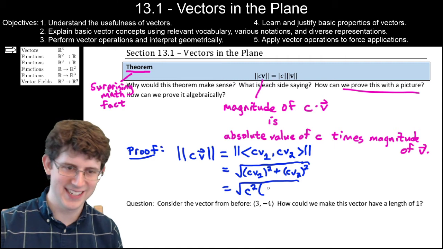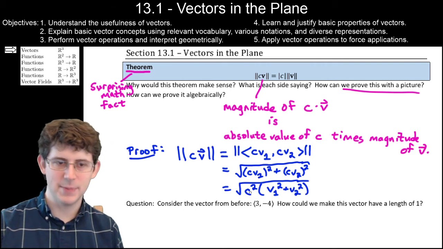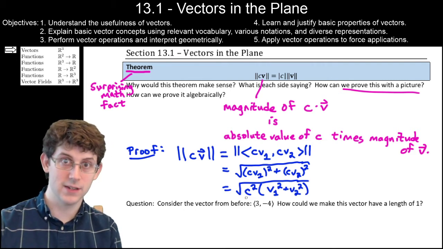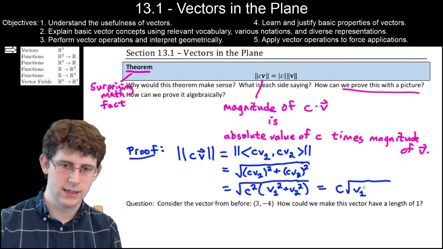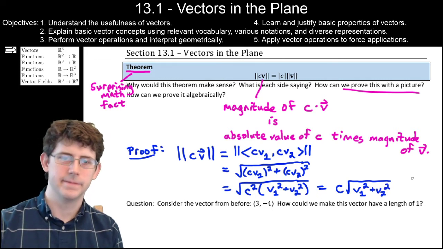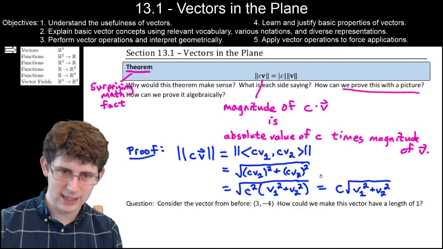When you factor out the c squared, you have v1 squared plus v2 squared. What happens with this c squared? Well, square root of c squared is c. I'd like to point out that that is a common misconception.